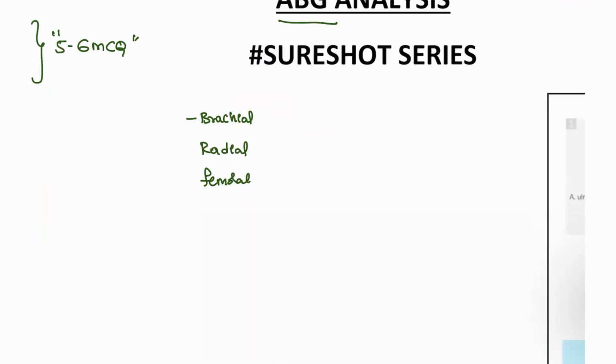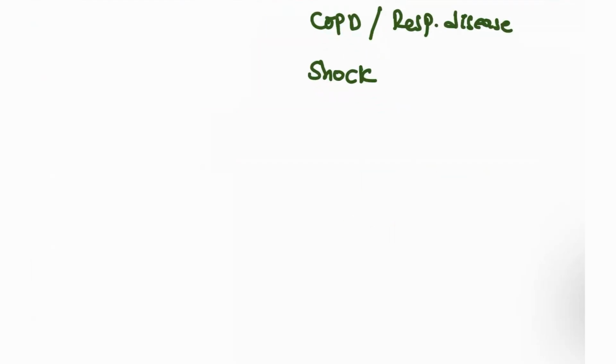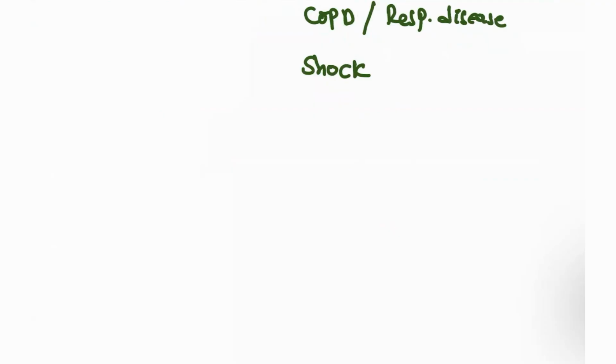Next, coming to the indications. What are the common indications to do ABG? Most commonly in the ICU setting, and patients suffering from COPD and respiratory diseases, and those with shock, hypovolemic, cardiogenic, or neurogenic.